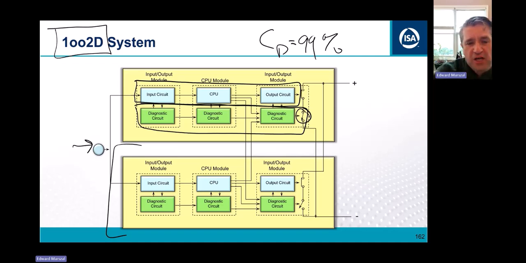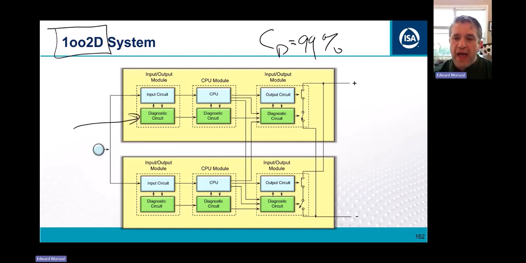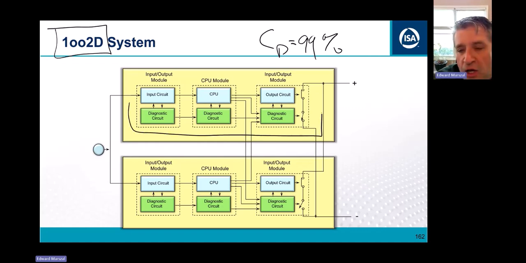What I'm going to focus on is this circuit down at the bottom, the diagnostic circuit, what it's doing and how it's achieving a whole bunch of safety for you that the equipment vendor has built into the system. They've designed it, they've manufactured it, they've tested it, so you don't have to worry about it. But if you're using a commercial off-the-shelf PLC, guess what?